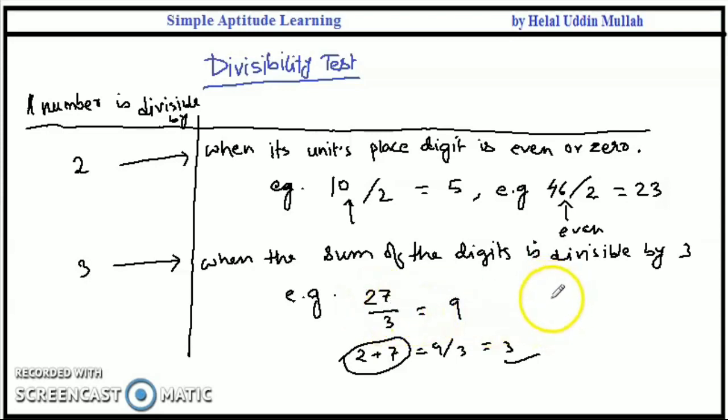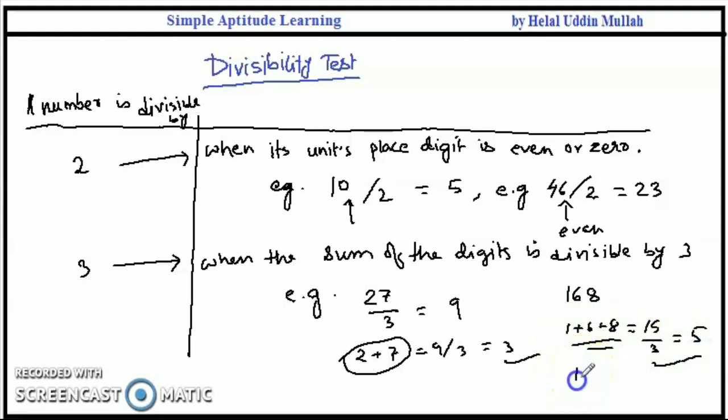Similarly, if we consider a big number like 168, we find the sum of the digits: 1 plus 6 plus 8, so it is 7 plus 8 equal to 15. If we divide 15 by 3, it is equal to 5. So the sum is divisible by 3.